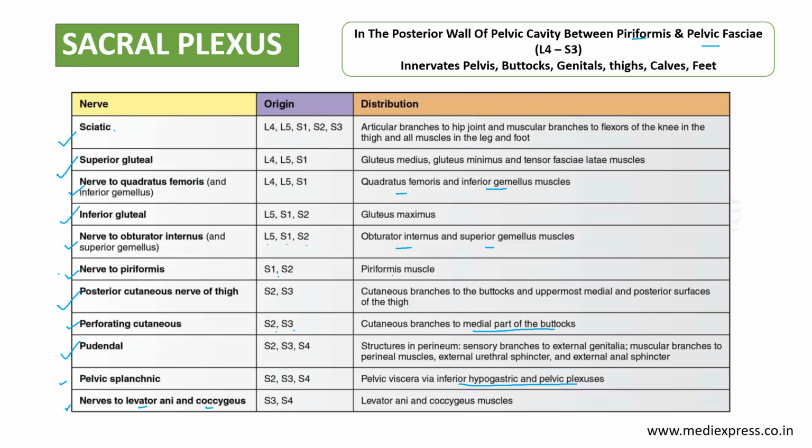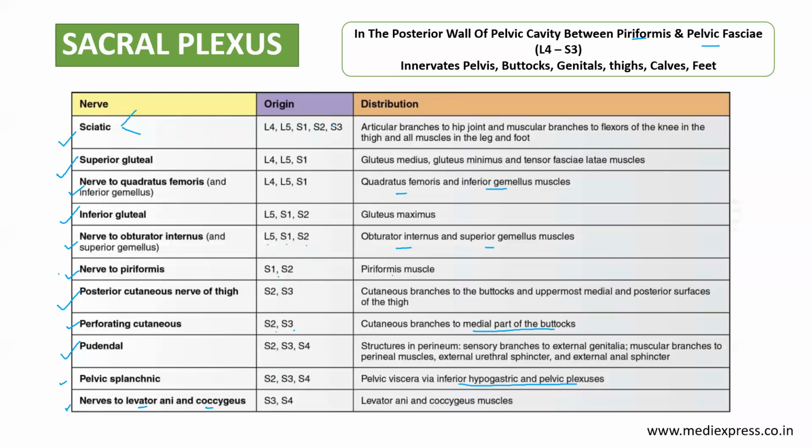The major nerve which arises from the sacral plexus is the sciatic nerve, the pudendal nerve, the superior and inferior gluteal nerve, and the posterior cutaneous nerve of the thigh. Sciatic nerve has two branches, the fibular branch and the tibial branch, which supplies the hamstrings, the posterior compartment of the leg, the lateral compartment of the leg, and the sole and the dorsum of foot, and also the skin over these regions.